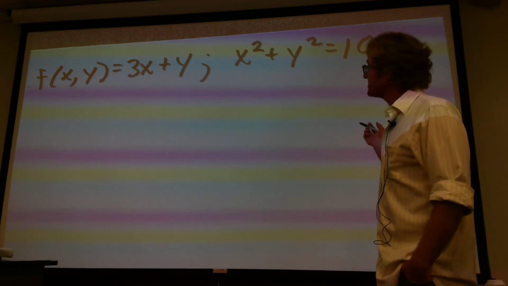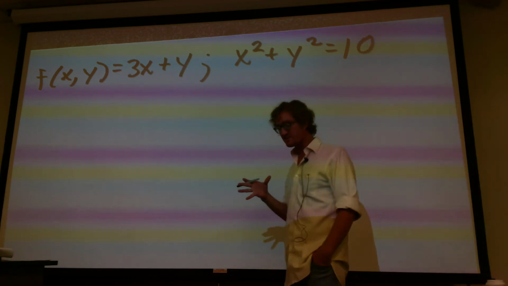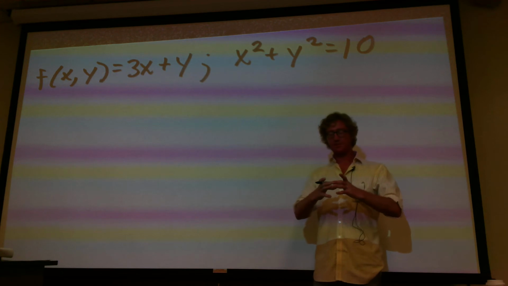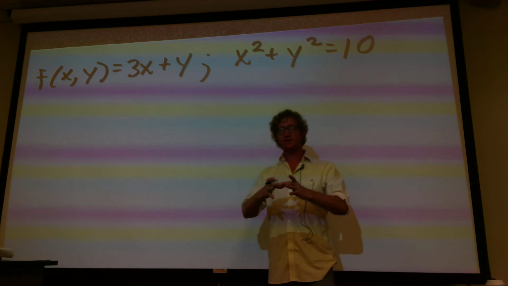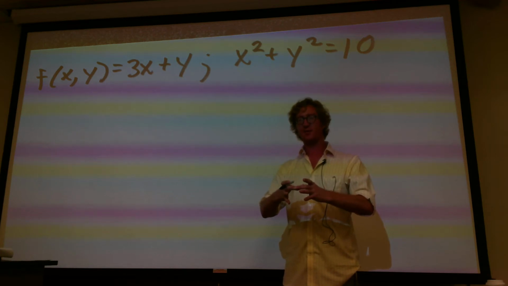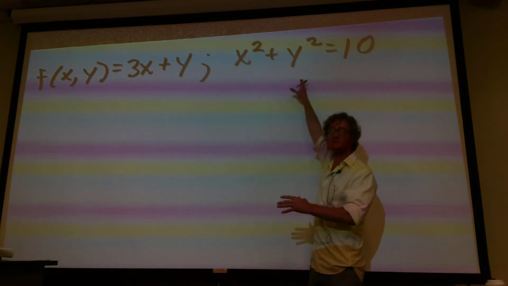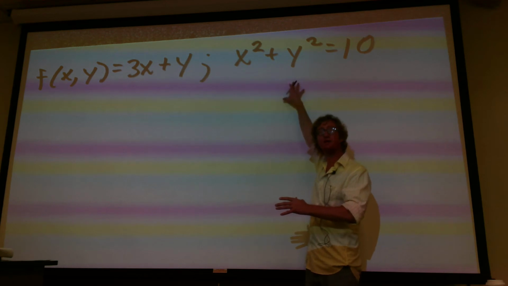that x squared plus y squared equals 10. So what is this? We're talking about a circle that is centered around the z-axis, with a radius of the square root of 10, okay? So if I was going to talk about this type of surface right here, what would it be?